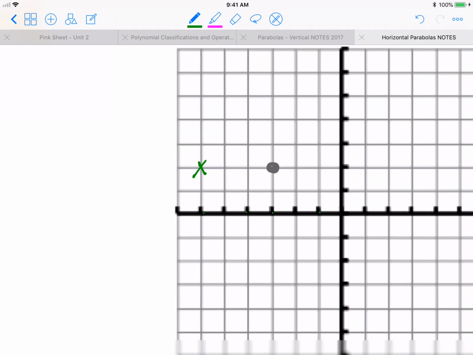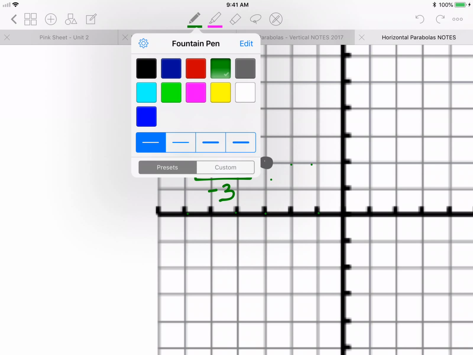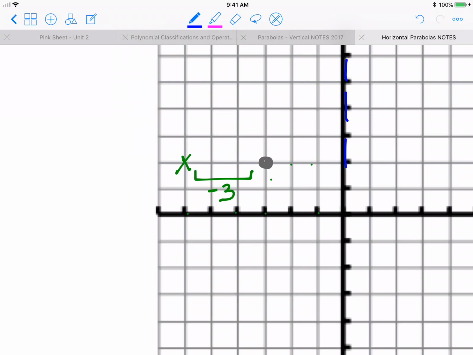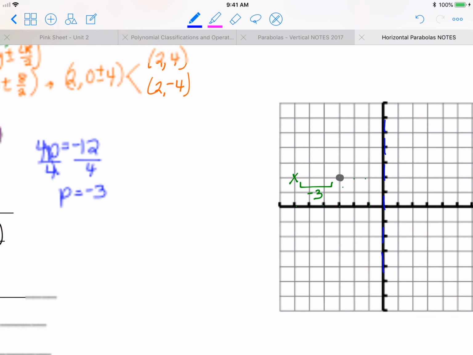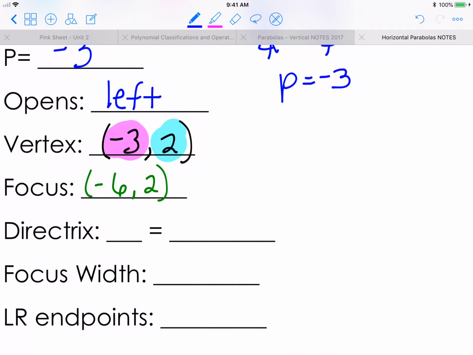Right, our directrix. So remember, this is where your p comes in. That's back 3, so that's negative 3. So we could go 1, 2, 3 over and draw your line right there for your directrix. But if you want to look to see what it is mathematically, it would be x equals h minus p.